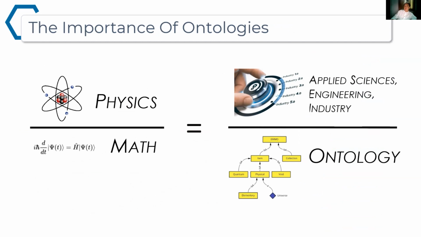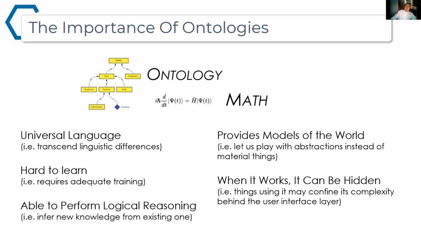Of course, it is not so computable, and it doesn't have powerful predictive capacity. But I think that this similitude can be inferred from our experience. So an ontology is similar to math: it is a universal language, so it transcends linguistic differences, and it is hard to learn because it requires adequate training.